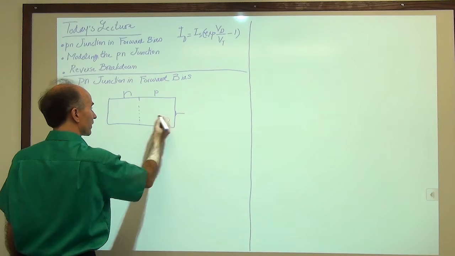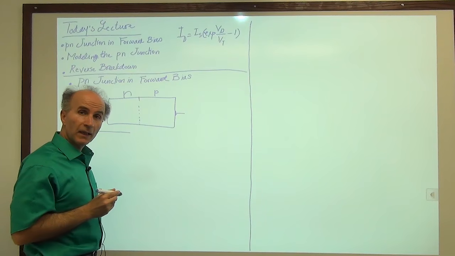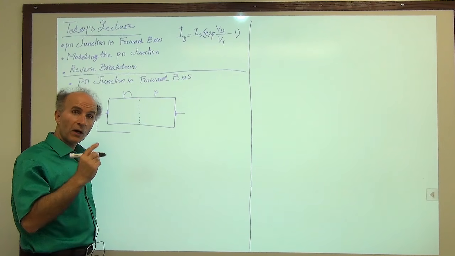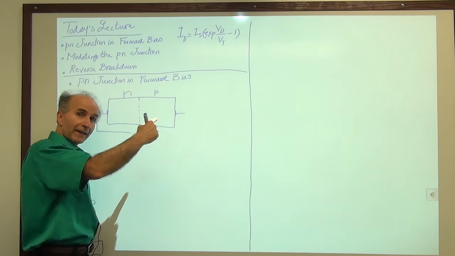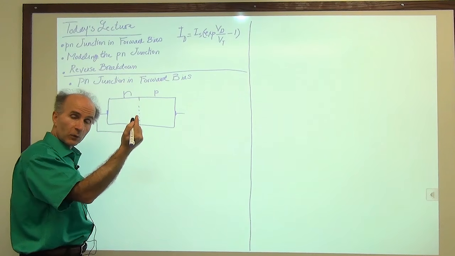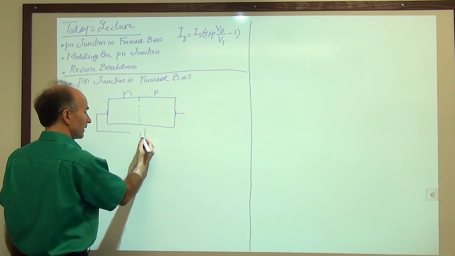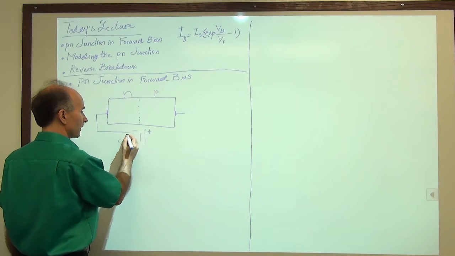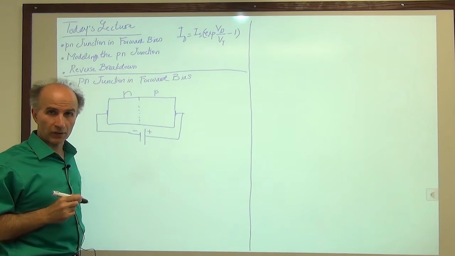And we connect a battery from outside. But this time the battery is connected such that its positive terminal goes to the P side of the junction, and its negative terminal goes to the N side of the junction. So the inverse of what we saw for reverse bias. So here's a battery, positive on the right, negative on the left, and we connect it like so to the Pn junction.